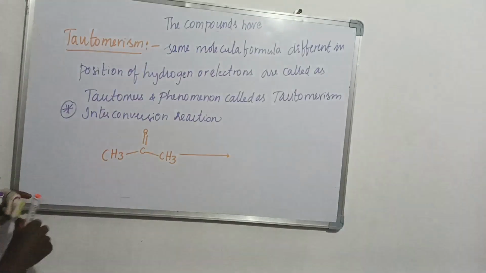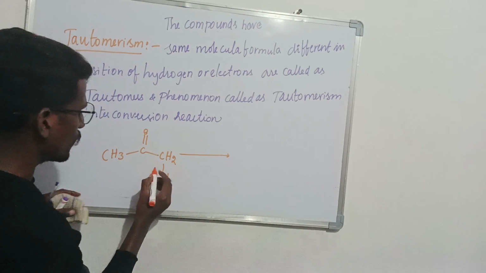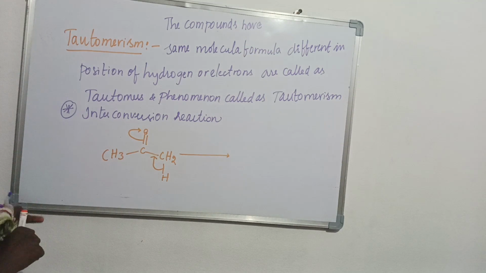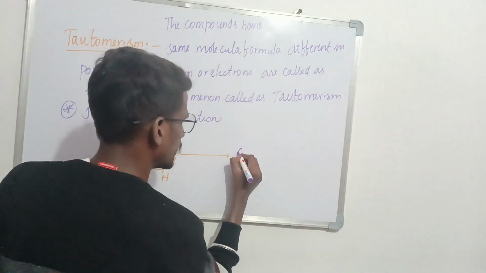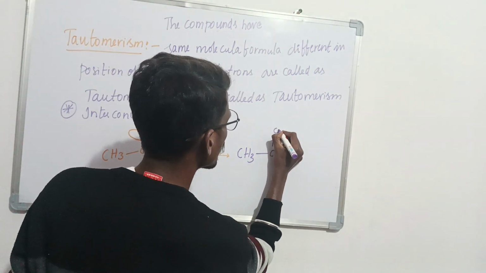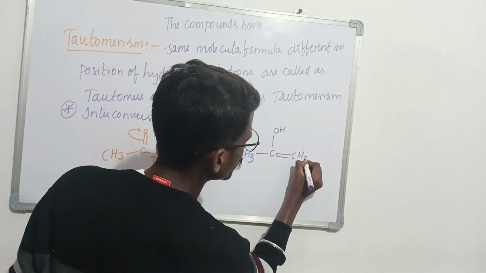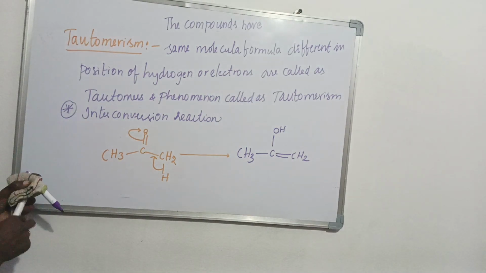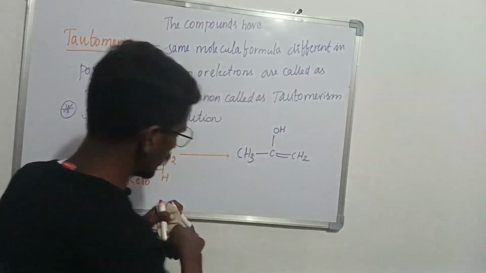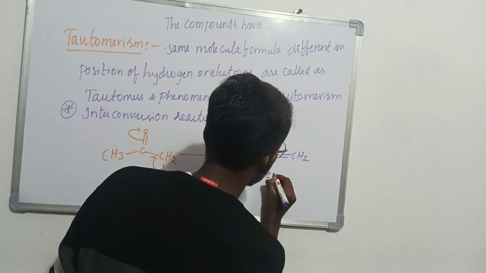When these electrons are shifted, it is converted into CH3 C OH double bond CH2. So a keto group is present in one, and an enol group is present in the other.